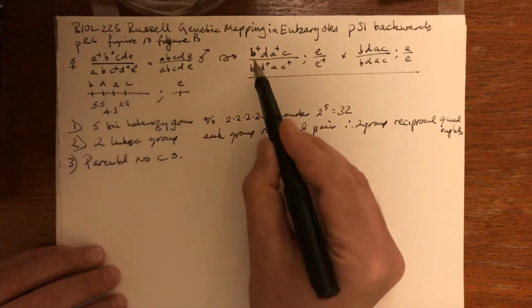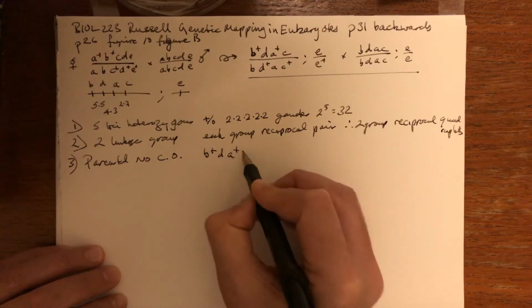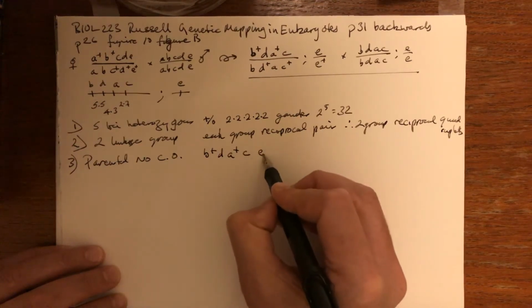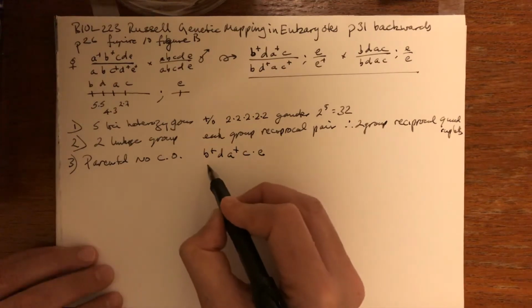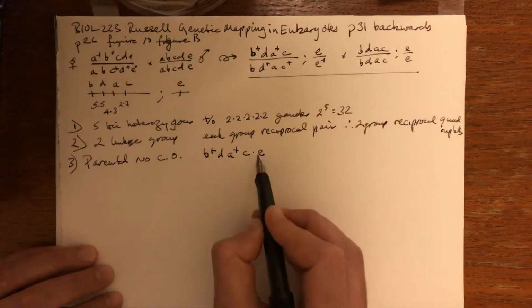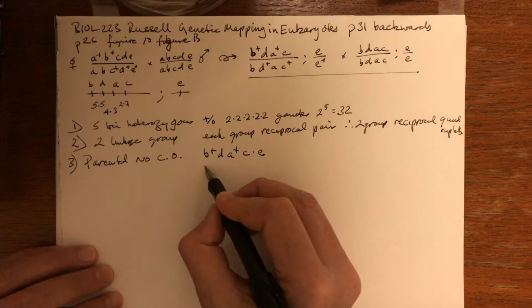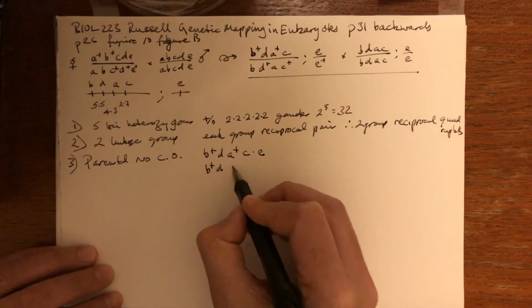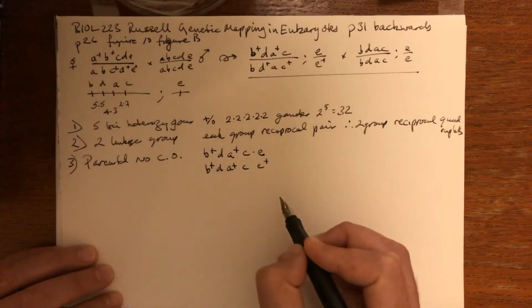So what do we expect? We expect we will have B plus D, A plus C, E. We don't have to notate that. And because this group of 4 loci and E independently assort, we will also have B plus D, A plus C, E plus.